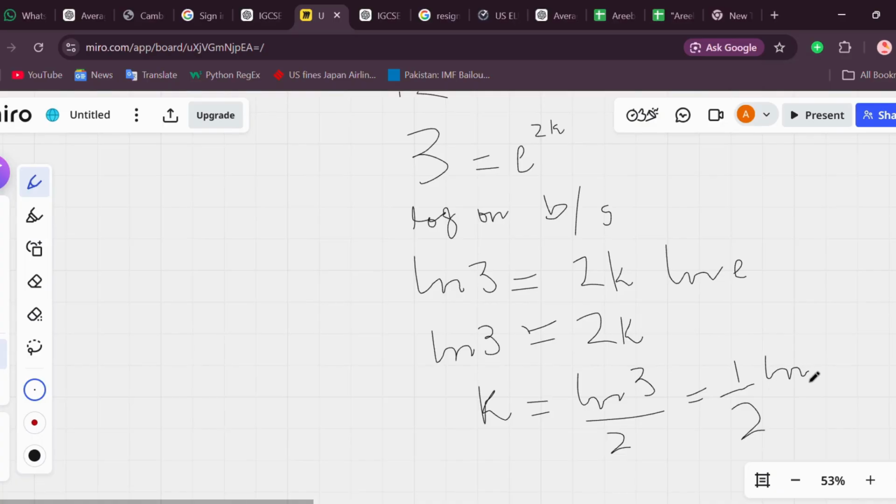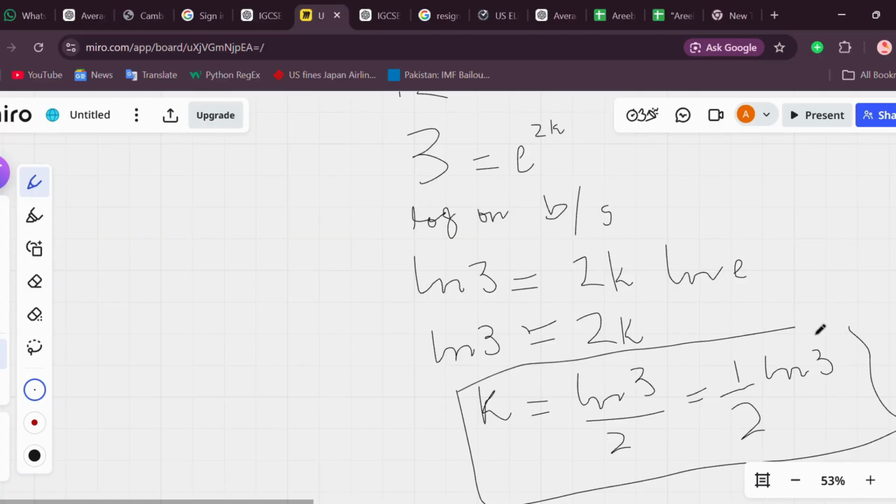Now we will see the value of k in the solutions to check whether the solution of the equation actually matches or not.